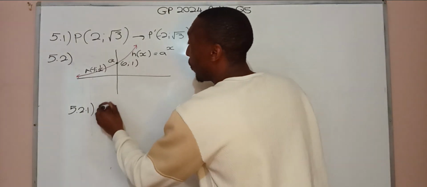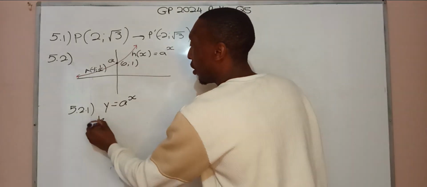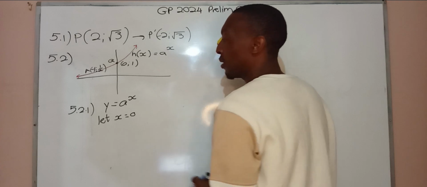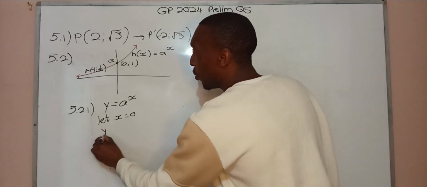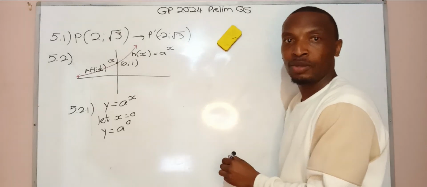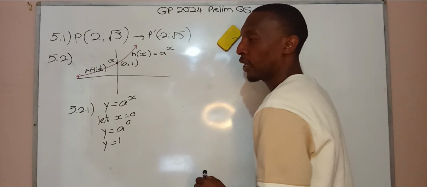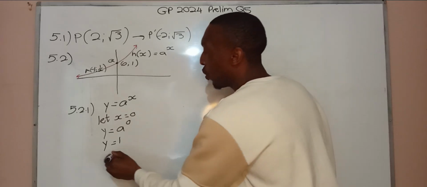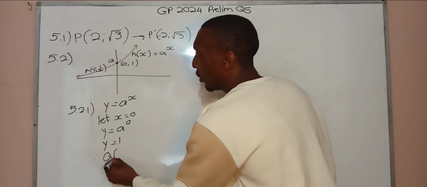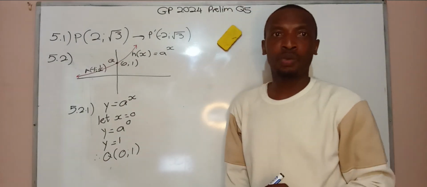So if this is my equation, in order to find the y-intercept, I'll say let x equal to 0. So y is equal to a to the 0. And anything to the 0 is equal to 1. Okay. So that is why we know that the coordinates of Q are (0; 1). 2 easy marks there.